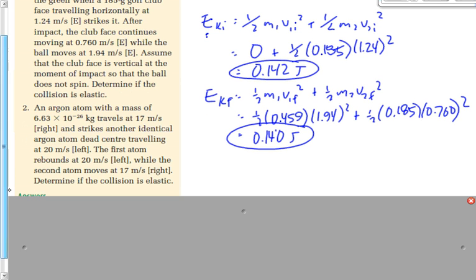Now, question number 2. There's probably people that did question number 2 without even doing a calculation.